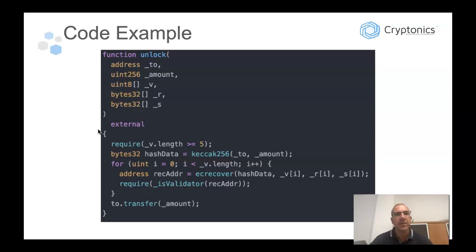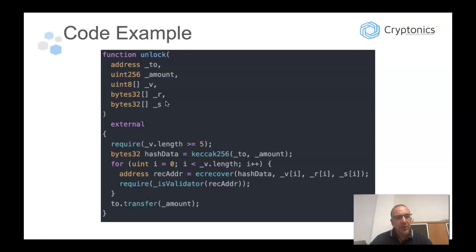Someone sends a bunch of signatures, for example, in a multi-signature scenario to unlock some funds, which is the case here. So in this case, there are 5 signatures required to unlock funds of a certain user. The signature parameters are V, R, and S, which are just the 65 bytes of a normal Ethereum compatible signature.